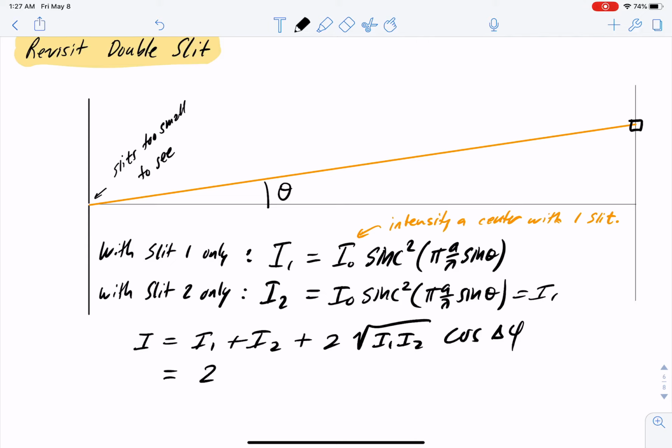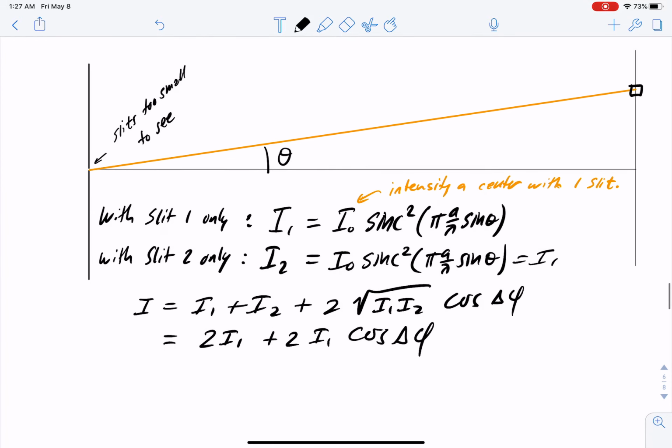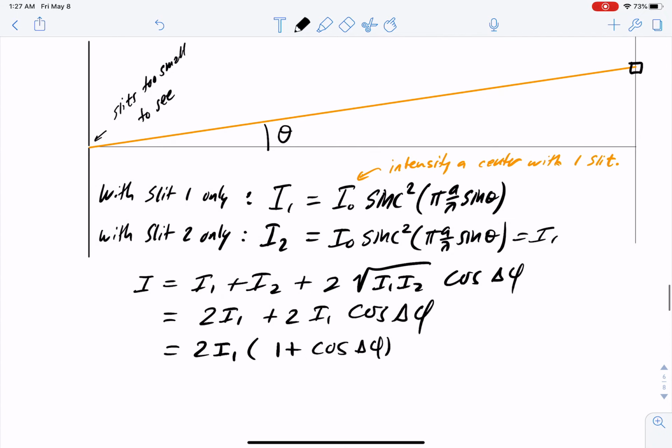So we could write this as twice I1 plus twice I1 cosine delta phi, which is kind of interesting, so we could factor out, and that can be similarly written using another trig identity.